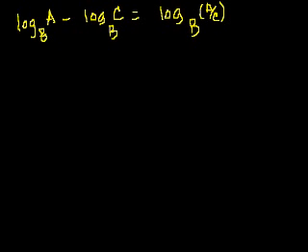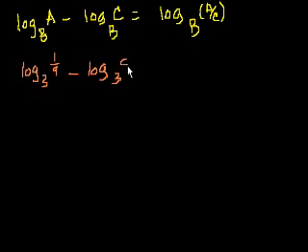And we can once again try it out with some numbers. I use 2 a lot just because 2 is an easy number to figure out the powers. But let's use a different number. Let's say log base 3 of 1/9 minus log base 3 of 81.